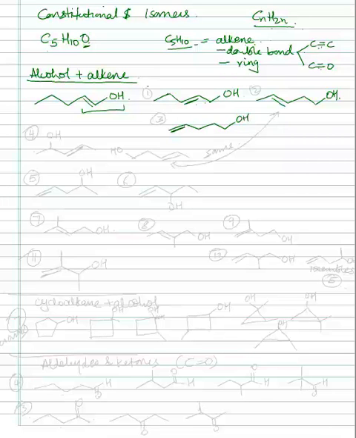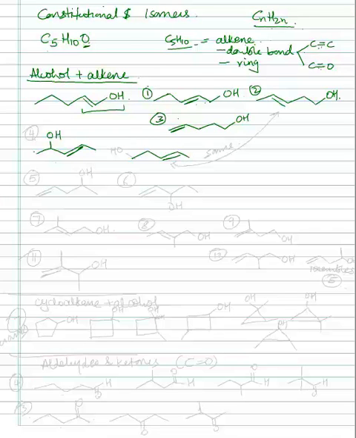So we're going to start with the first one here, number it 1, 2, 3. I'm going to take number 1. So 1, 2, 3, 4, 5, and my double bond was in this location. I'm not going to put my alcohol where the double bonds are, which means I'm going to take it one carbon away. That's what I'm going to draw, and then I'll try to move it once more.